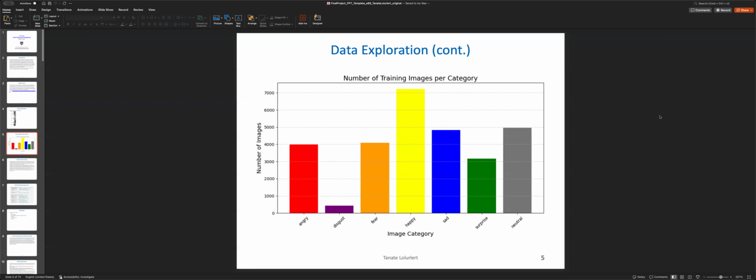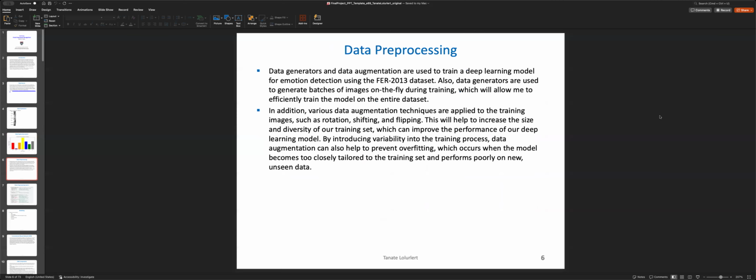For the data exploration, the happy category contains the most images, and the lowest number of images is in the disgust category. Data preprocessing: I use data generators and data augmentation because it can prevent overfitting.